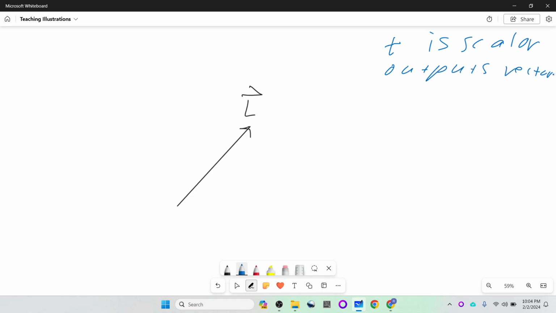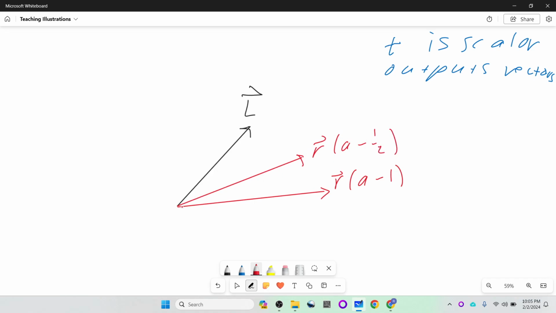In this case, I'm going to draw it in R2. Well, we'll imagine it's in R3. So the idea is, if we plug in a minus 1, we get a vector over here. Then we plug in a minus a half. We get a vector a little closer.